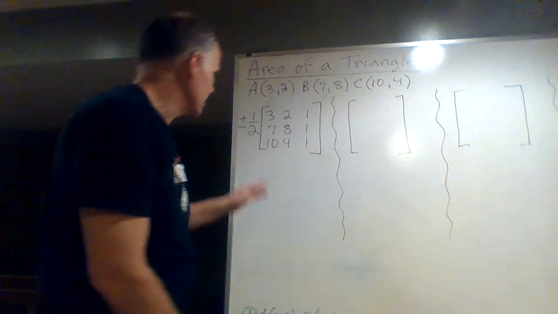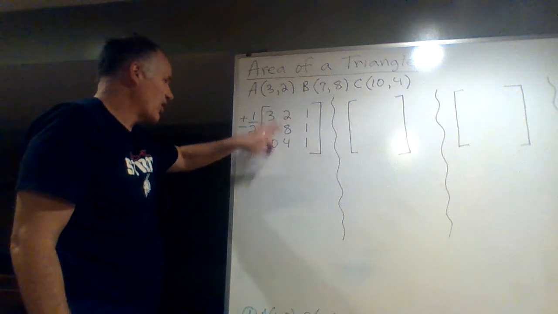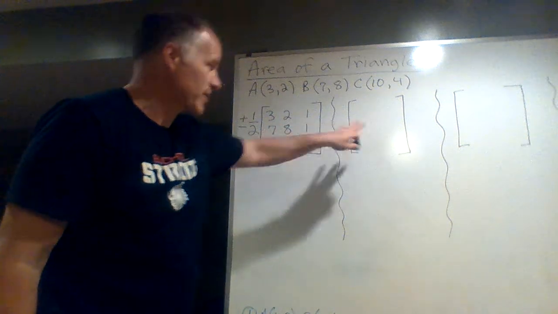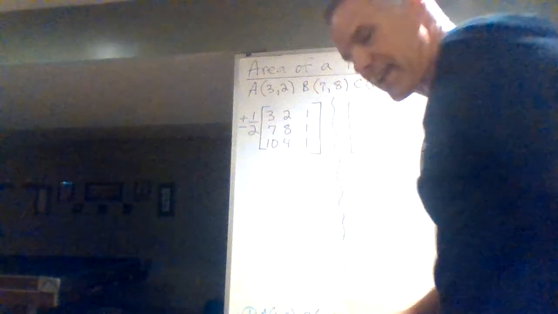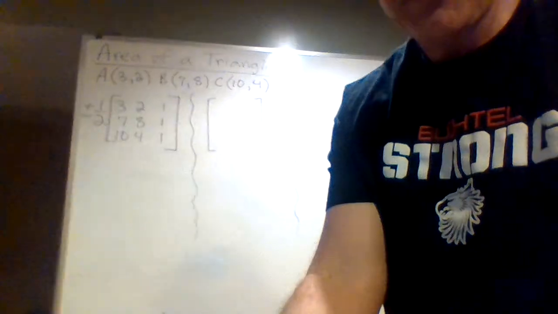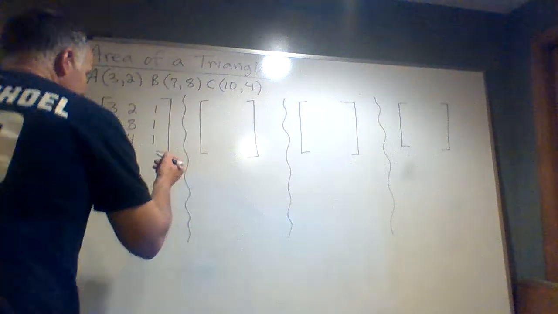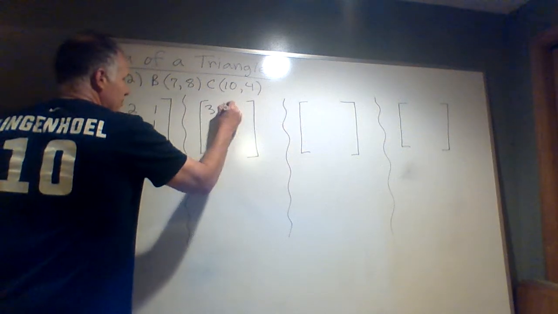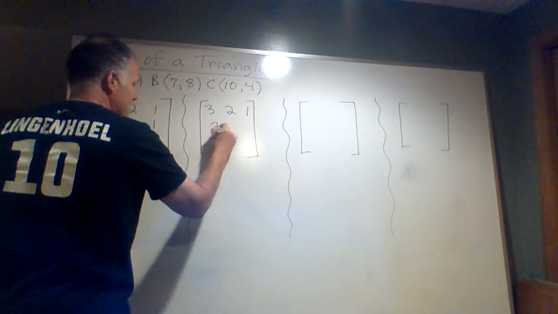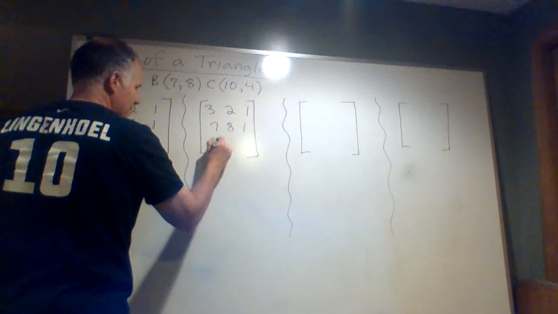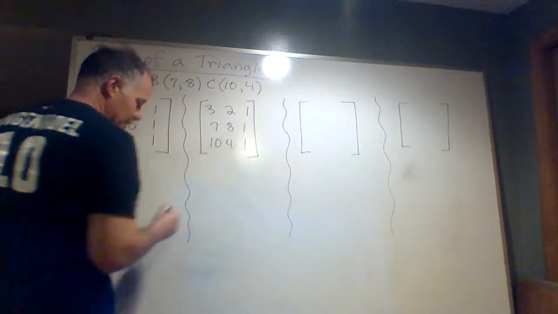Now, remember, we're going to actually solve. This is what the formula starts with, but then remember, we need to make 3 sets of these matrices points. So again, 3, 2, 1, 7, 8, 1, 10, 4, 1.